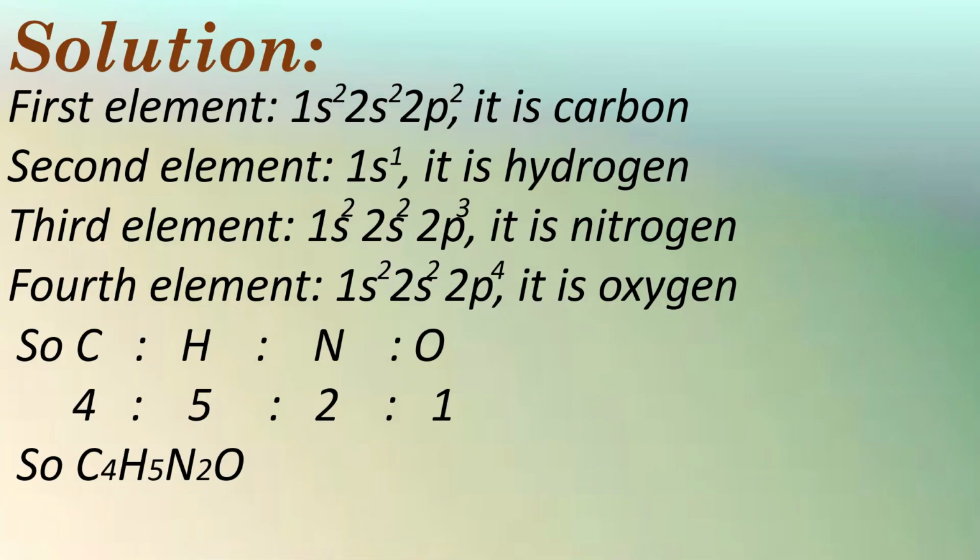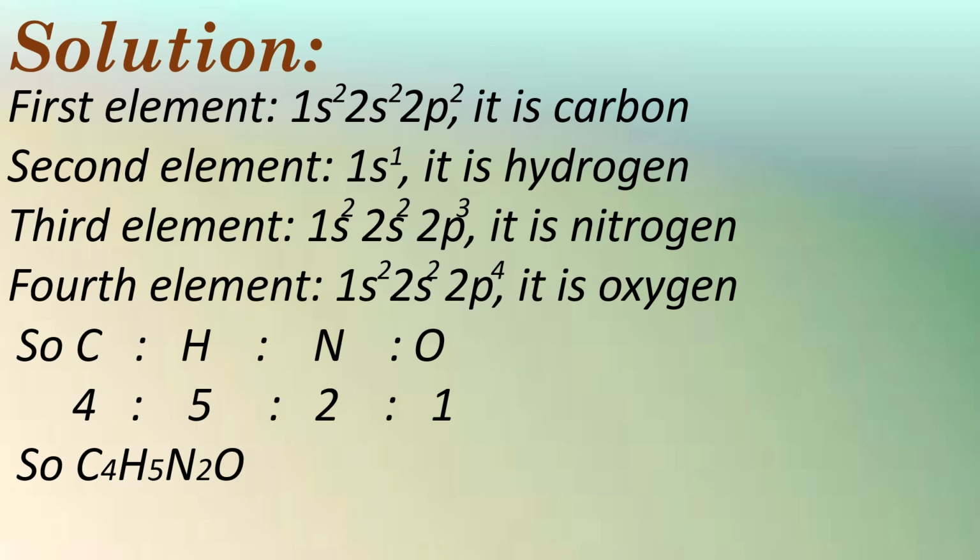Solution. First element is 1s2, 2s2, 2p2. It is carbon. Why? Because 2 plus 2 plus 2 becomes 6. 6 is the atomic number of carbon. In a neutral atom, the number of protons is equal to the number of electrons. So it is carbon. Second element 1s1, it is hydrogen because it has 1 electron.